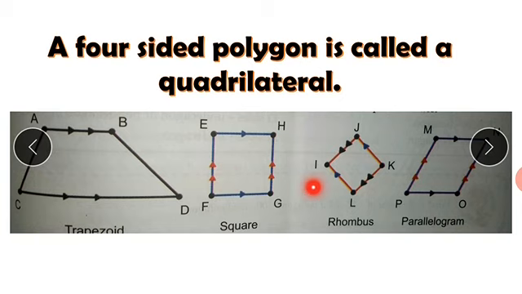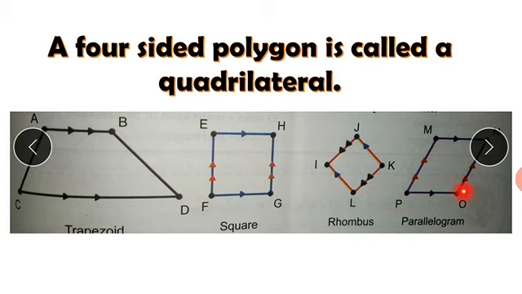Let's proceed to rhombus. A rhombus is a parallelogram that has four congruent sides. So this one, congruent, congruent, congruent. And the last one is a parallelogram. A parallelogram is a quadrilateral with two pairs of parallel sides.